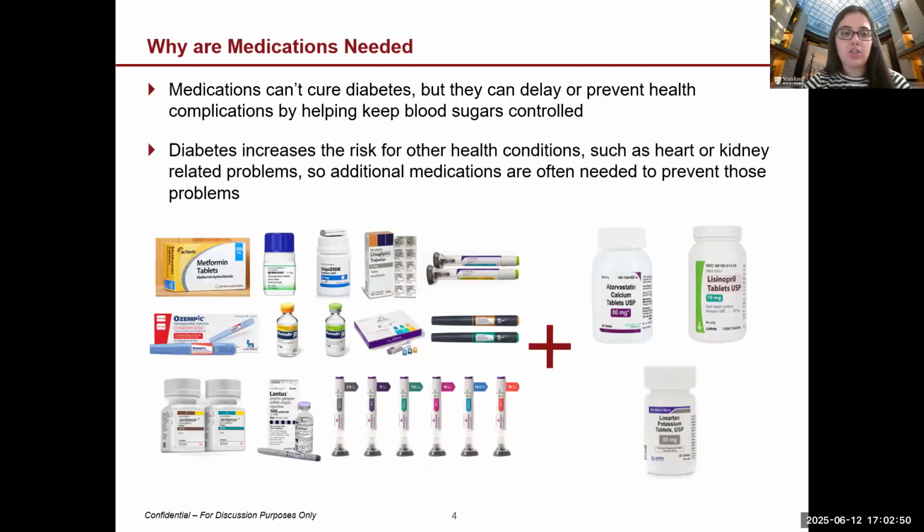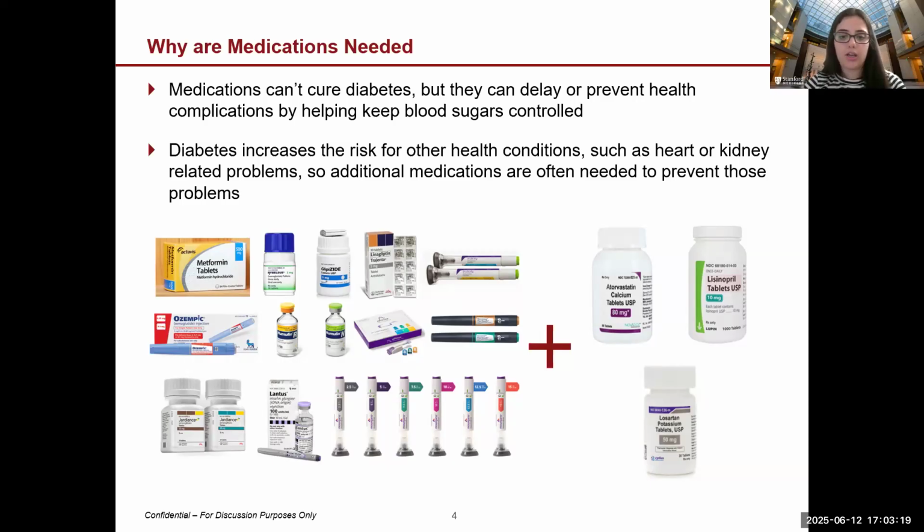So why are medications needed? It's very important to understand that medications cannot cure diabetes, but they can delay or prevent health complications by helping keep your blood sugars controlled. So diabetes increases the risk for other health conditions such as heart or kidney-related problems, and therefore additional medications are often needed to prevent those problems.